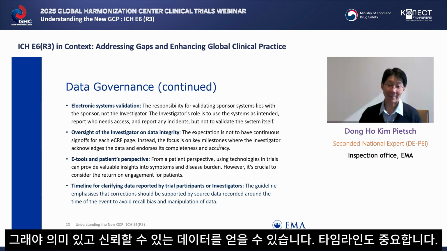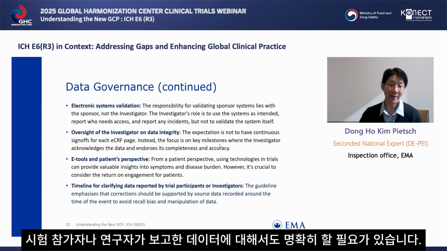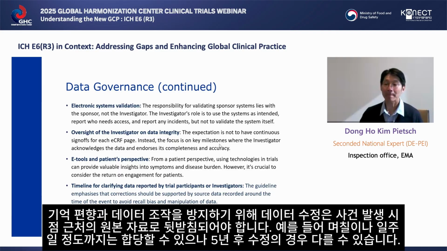And here on the timelines, this was also to clarify data reported by the trial participants or investigators. So there was also the thought to clarify that corrections could be supported by source data recorded around the time of the event, to also address recall bias and manipulation of the data.